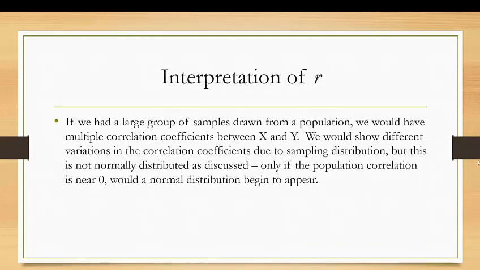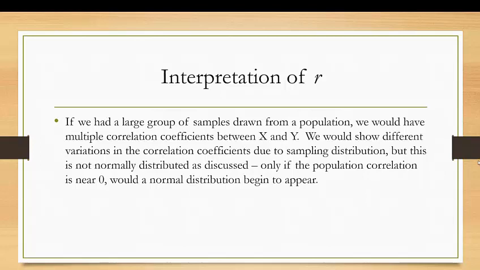So if we had a large group of samples drawn from a population, then we'd have multiple correlation coefficients between x and y. So think back, this is just one sample, but what if we have multiple samples? Okay, and we did this earlier when we had multiple samples, and we figured what we called the standard error of the means. Remember, we looked to see what kind of error we had depending on our samples.